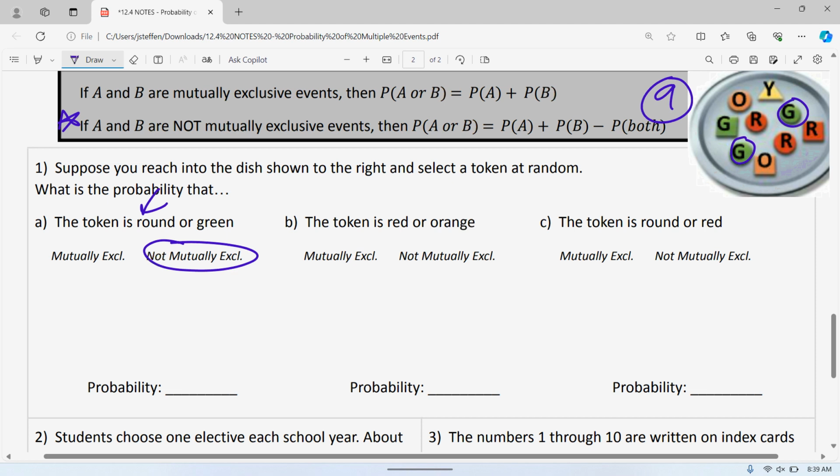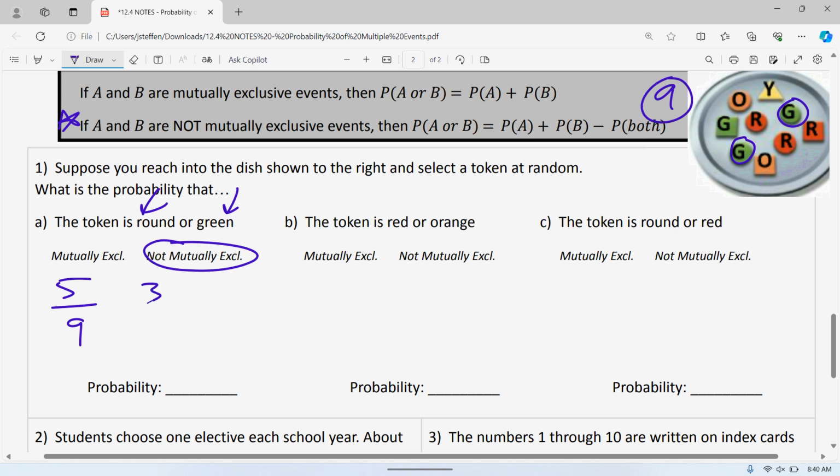So the probability that it selects a round one, how many are circles? 1, 2, 3, 4, 5. 5 of them are round out of the 9 total. How many are green? Those are the ones labeled with the G. 1, 2, 3 that are green out of the 9 total.